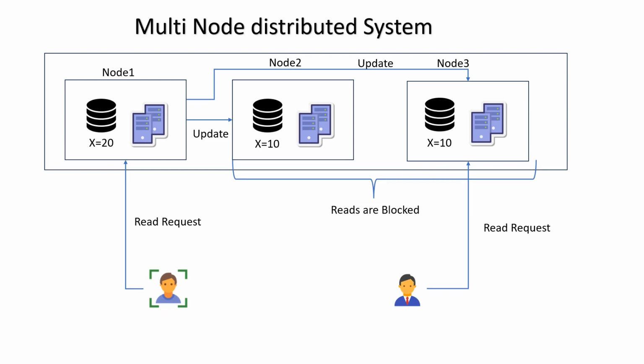It means the system is now less available, because requests reaching node 2 and node 3 while the update is going on won't be able to read that data for some time. So the system has strong consistency but less availability.